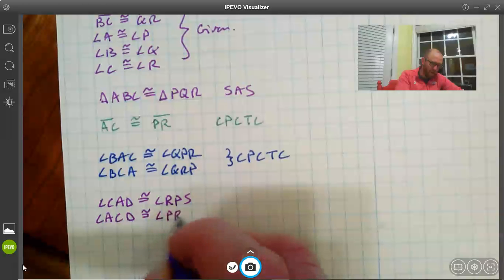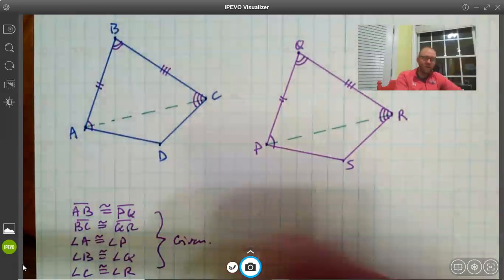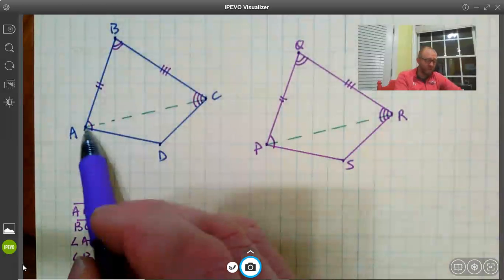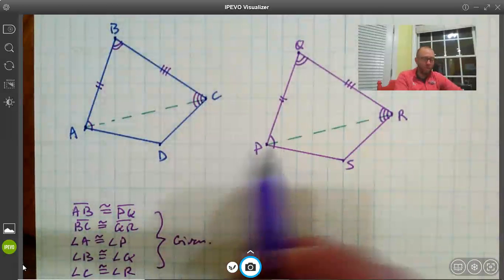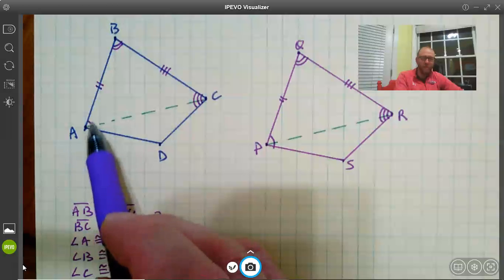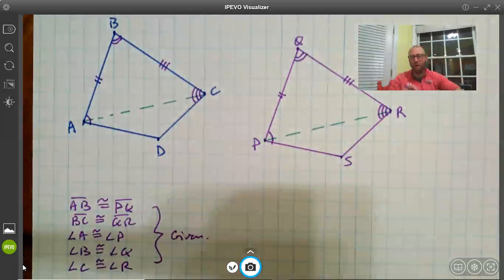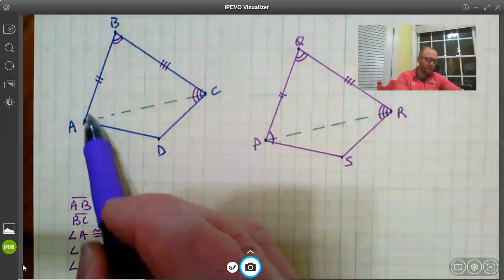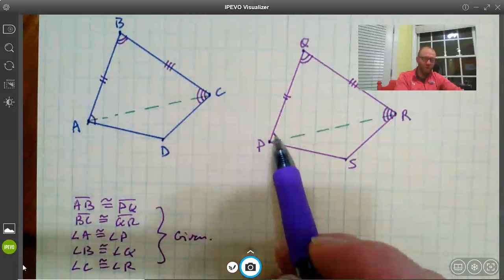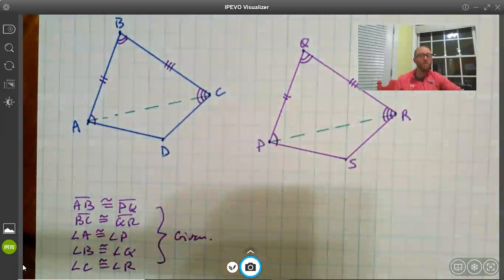Now here's the thing. The reason we're going to call this angle addition. Basically, we know that angle A is congruent to angle P, and we know that the top part of angle A is congruent to the top part of angle P. And so if I remove this portion here, or this portion here, I'm removing the same amount. So I'm taking equal amounts from equal amounts, and therefore what I'm left with is also equal.